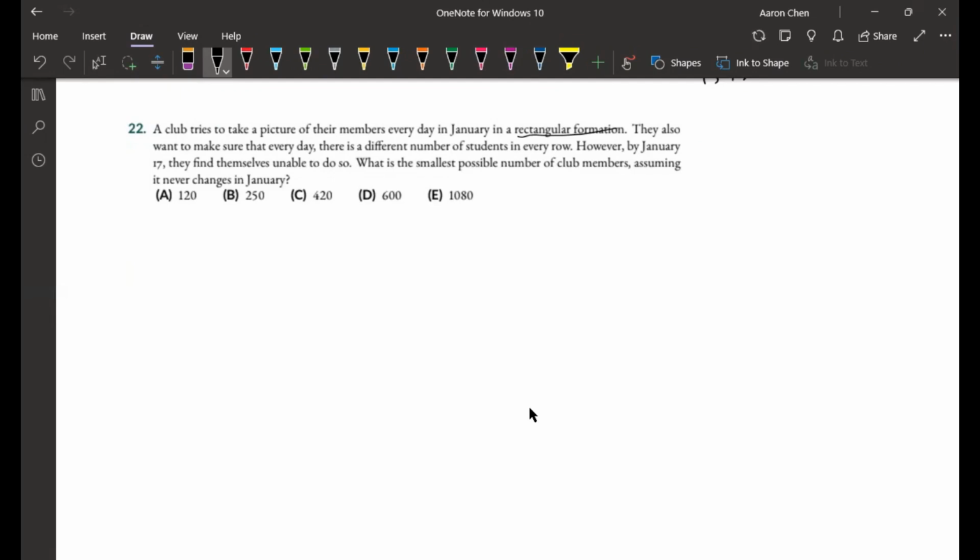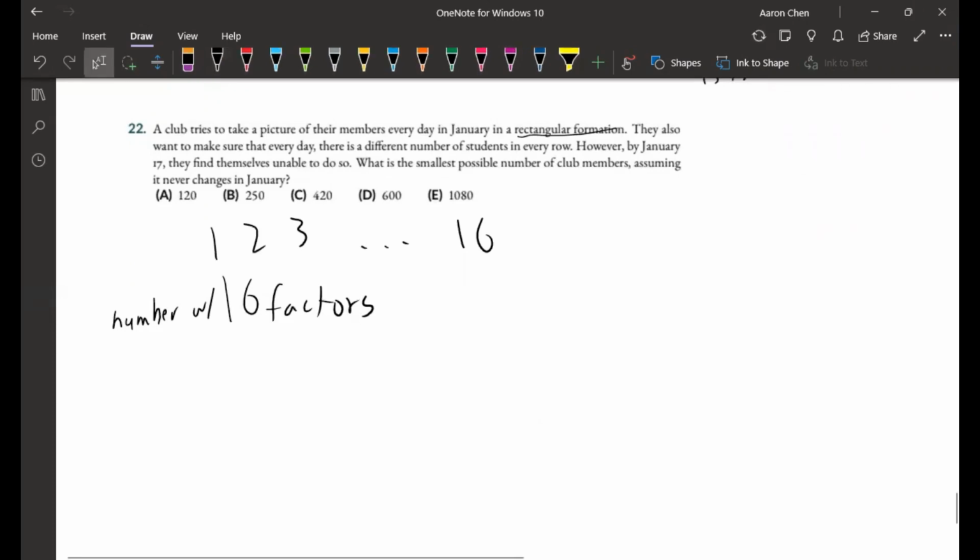And so that means that they had available numbers on first, second, third, all the way to the 16th. So basically all this is implying is that this is a number with exactly 16 factors. Well, 16 factors, and of course, non-proper, because this includes the number itself.